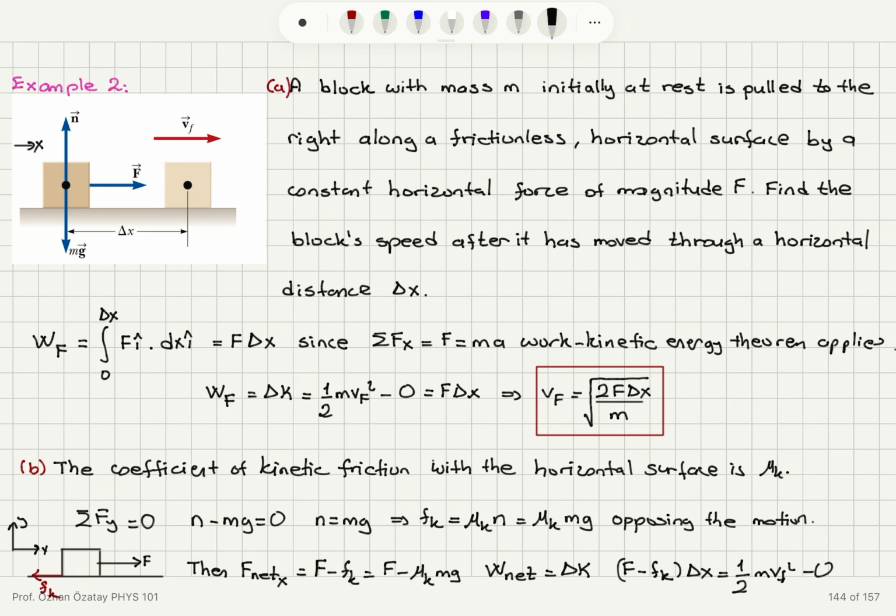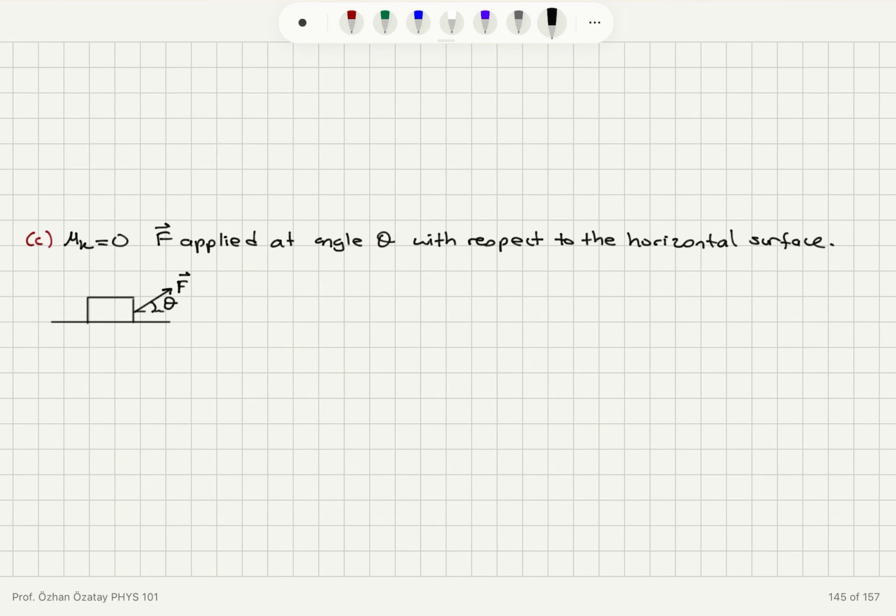So F minus mu k mg, the net force on the x-axis, times delta x is equal to 1 over 2 m v final squared. So the final velocity is modified. It is the square root of 2 (F minus mu k mg) delta x divided by m.